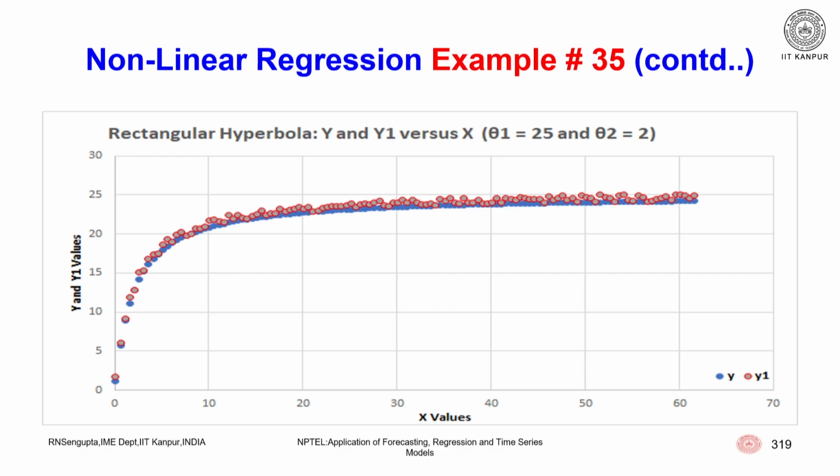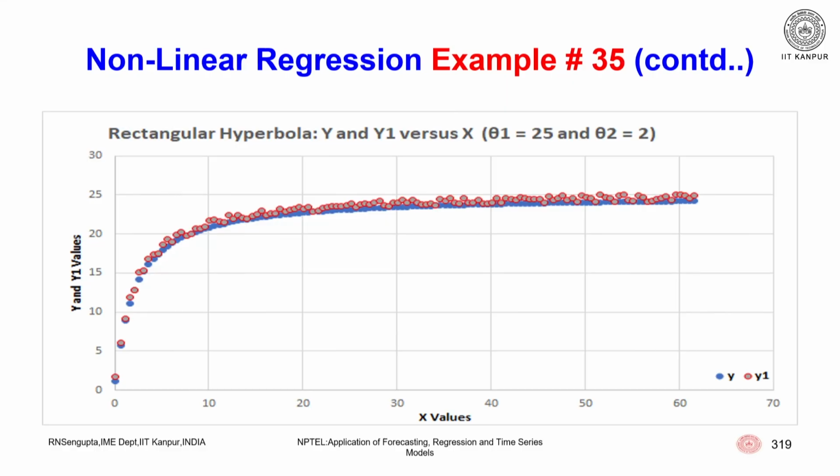So, consider I go to the next graph. This is the graph which I have for the same case for the rectangle hyperbola, plotting y and y1 with respect to x, same equation theta 1 into x in the numerator, and in the denominator you have theta 2 plus x. But now, we are changing the values of theta 1 and theta 2. Theta 1 we take as 25, theta 2 we take as 2. Very interestingly, now the error component basically has very little dispersion. The mean value remains 0.